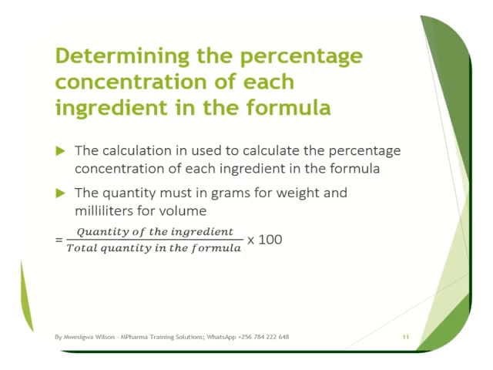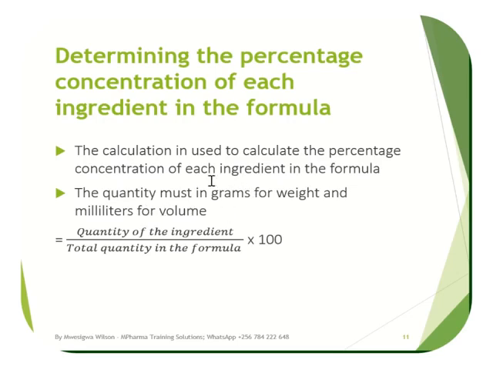There is also this other one which is also important: determining the percentage concentration of each ingredient in the formula. Sometimes this is just a by-the-way. You can be required to calculate the percentage concentration of each ingredient in the formula. And as we did earlier on, the quantity must always be in grams for weight and milliliters for volume.